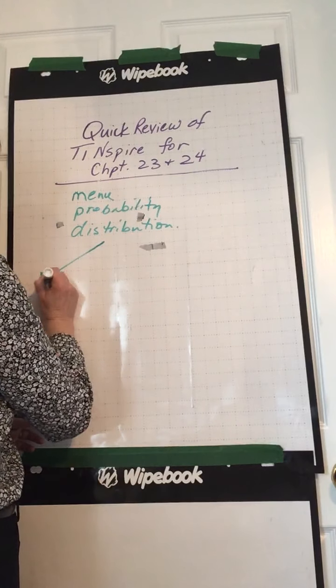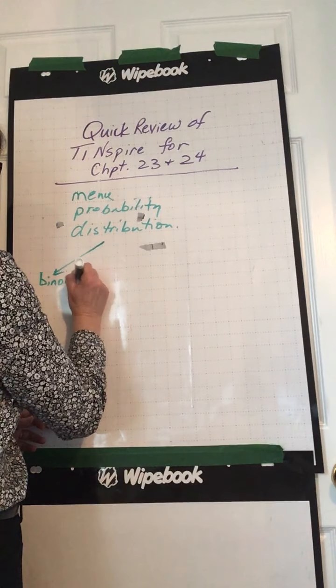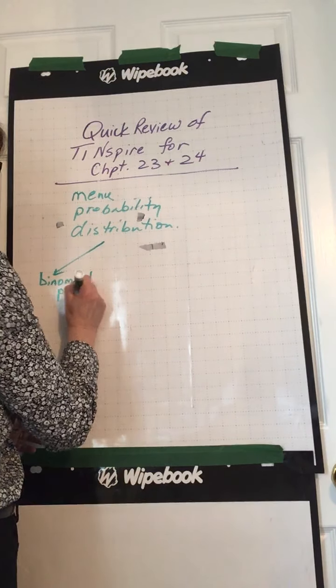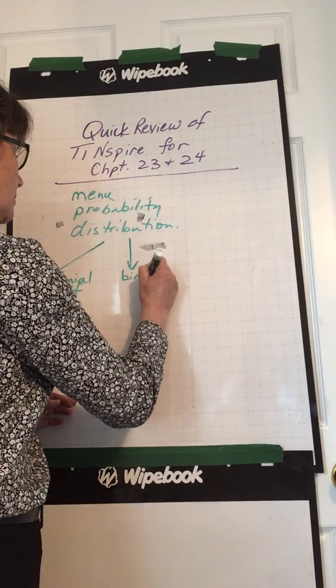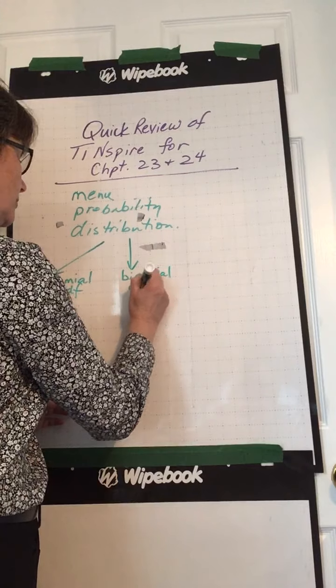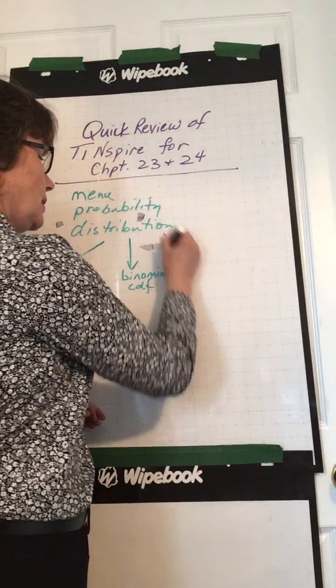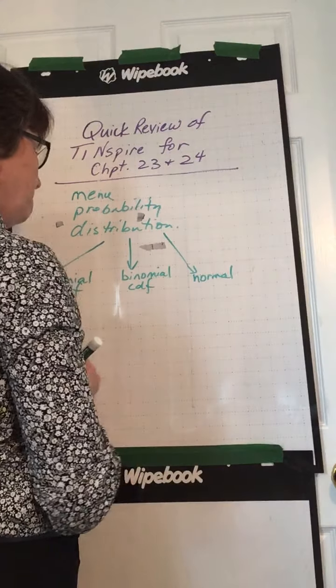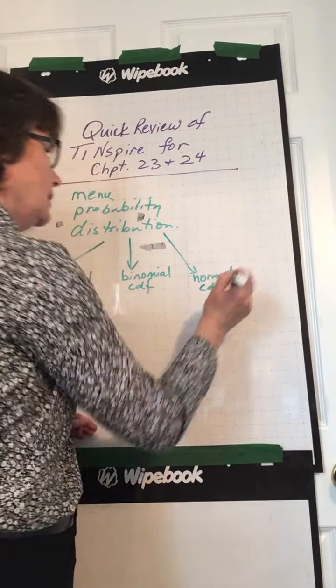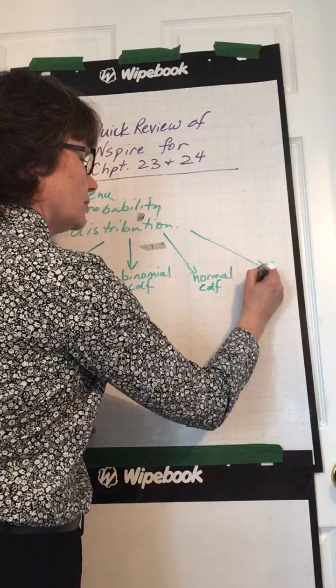The first one is binomial PDF. When do we use this? The second one, binomial CDF. When do we use this? The third one, normal CDF. And the fourth one, inverse normal.